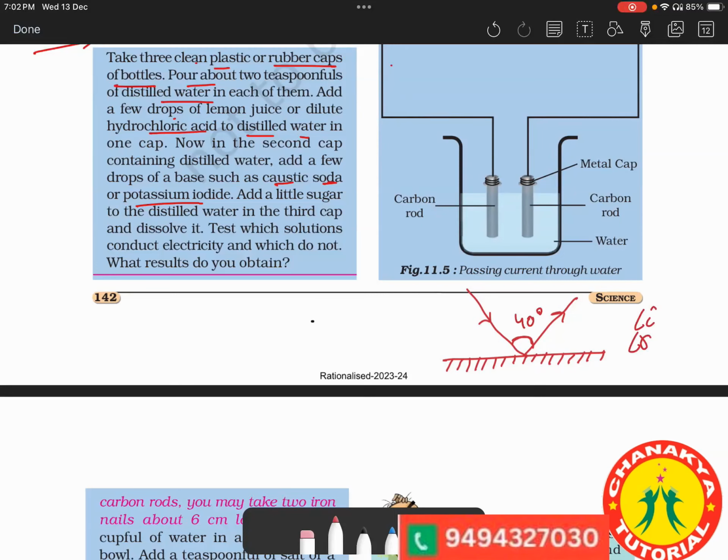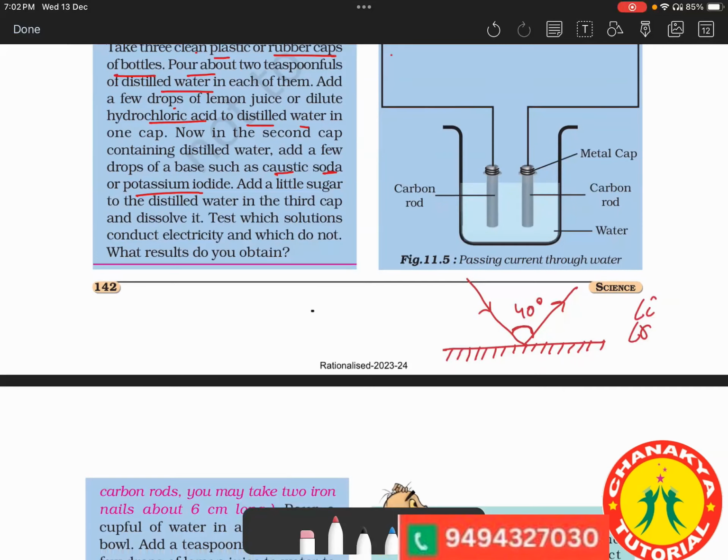You know that according to the laws of reflection, the angle of incidence is always equal to the angle of reflection, correct? So you will make a normal to this surface, the mirror, and so this angle I is equal to this angle R, and we know I plus R is given as 40 degree, correct?